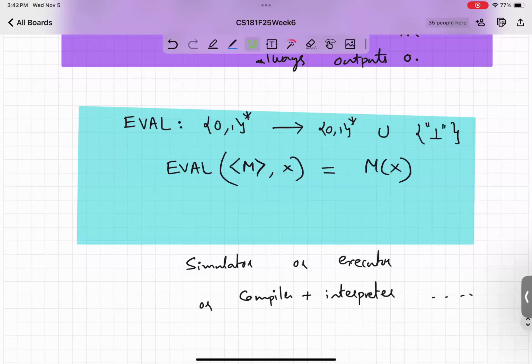Eval is a function, it's well defined. Yeah, is eval computable?